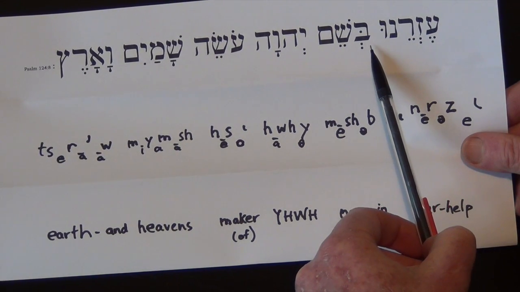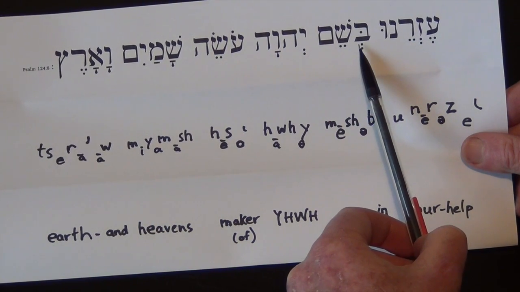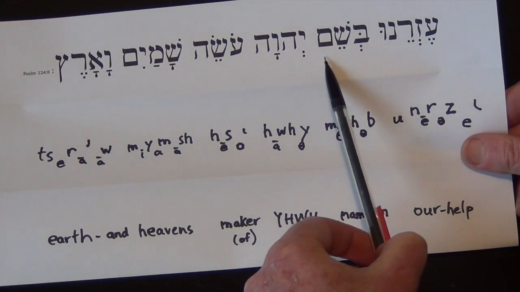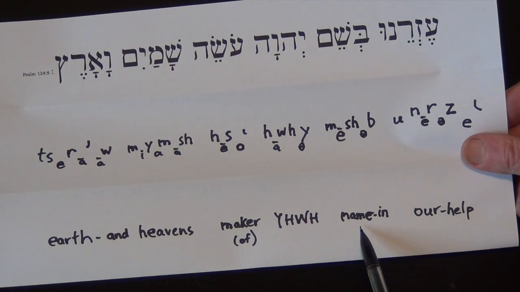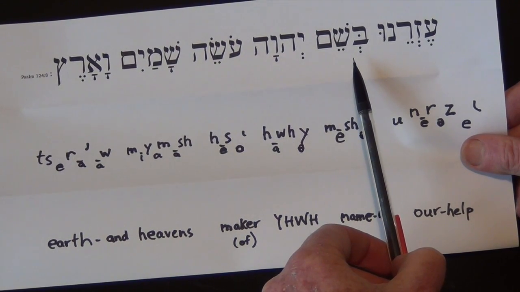Now, here again we have a word with two parts to it. The B means in, and the Shem means name. So that's really two words joined together as one.